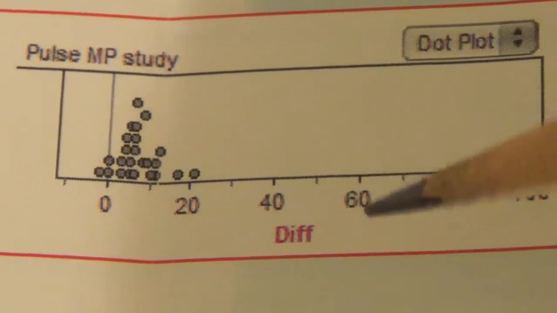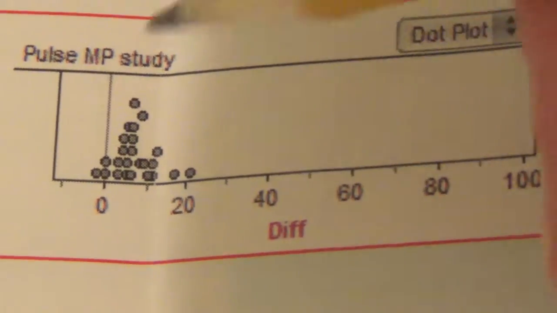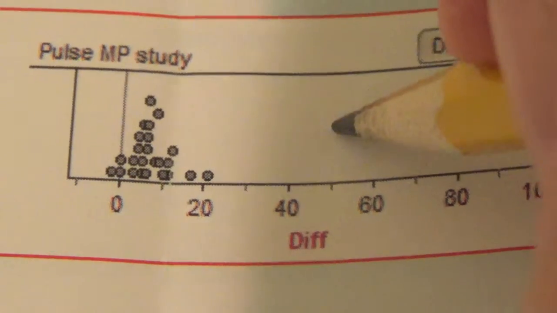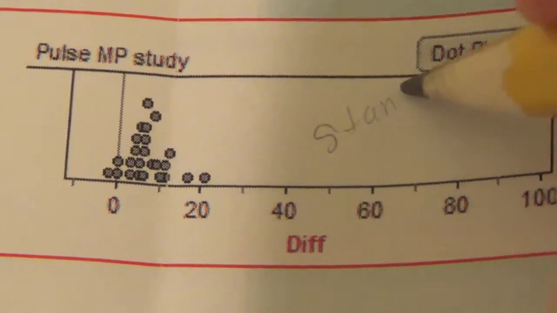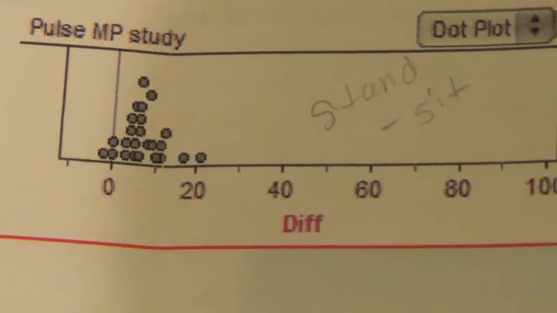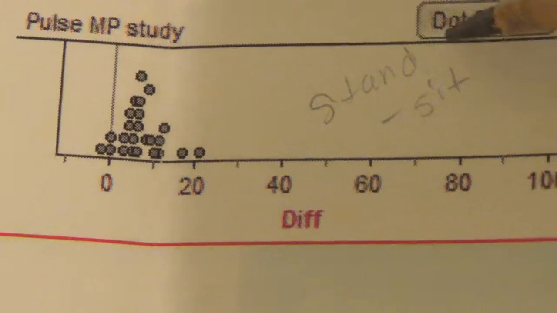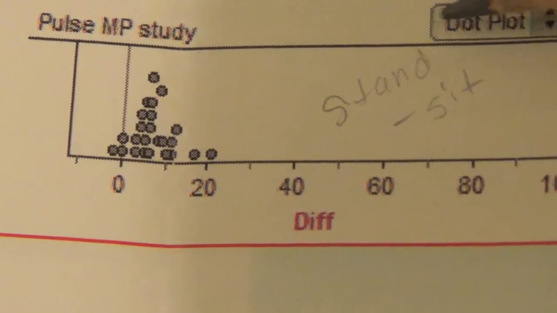So that's what we did down here, and we actually did the difference. So we did standing minus sitting on this one. So if we get a positive number from standing minus sitting, then we know that the standing heart rate was higher.